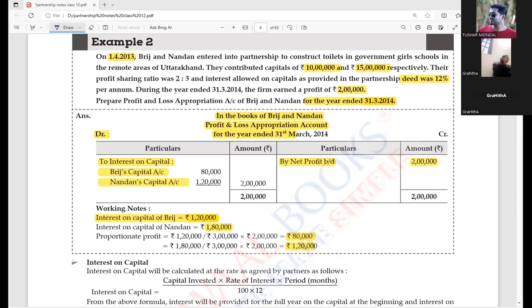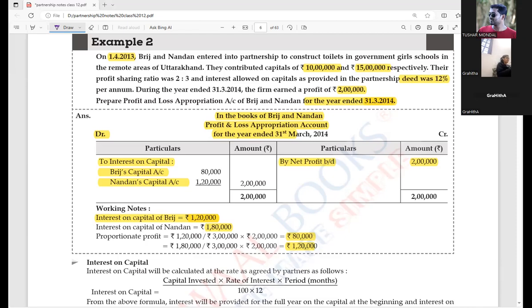To balance carried down, B is 80,000 and N is 1,20,000. Total 2 lakh. Total on the debit side is 5 lakh. In which ratio have you given this? Profit ratio, 2 is to 3. That is not balance carried down. This is known as the appropriation of profit.